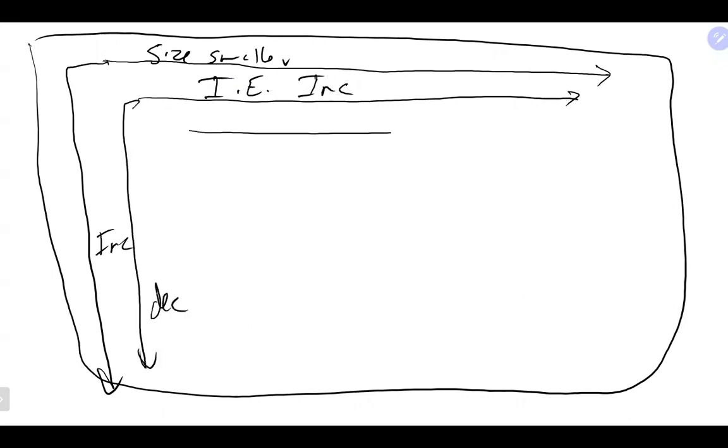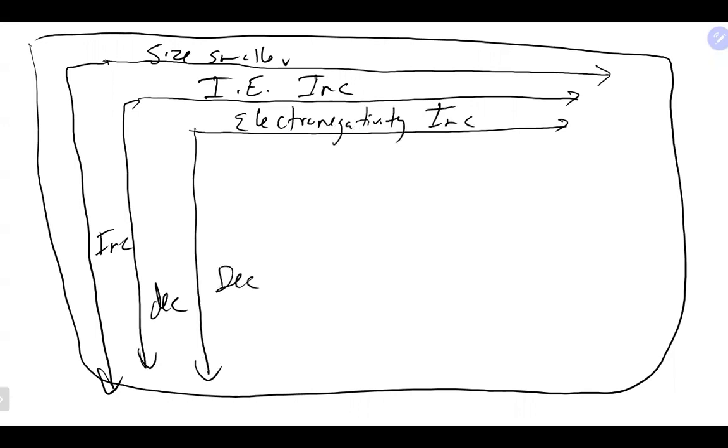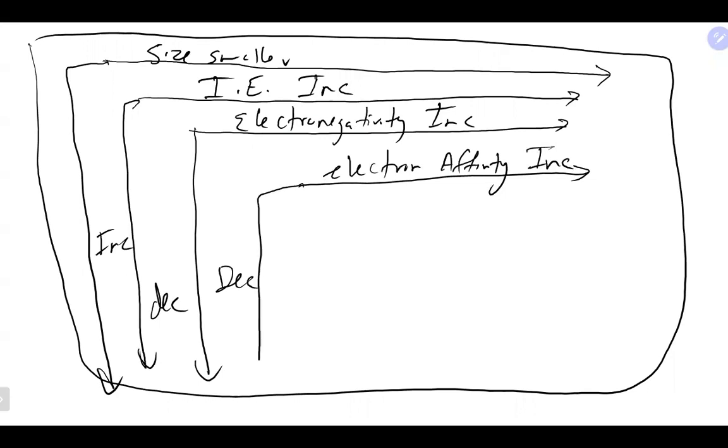As we go up and to the right, electronegativity, which is the ability to bring an electron towards an atom, increases and decreases as you go down. And electron affinity, which is basically the energy change when somebody gains an electron, increases as you go up and to the right on the periodic table, and decreases as you go down.